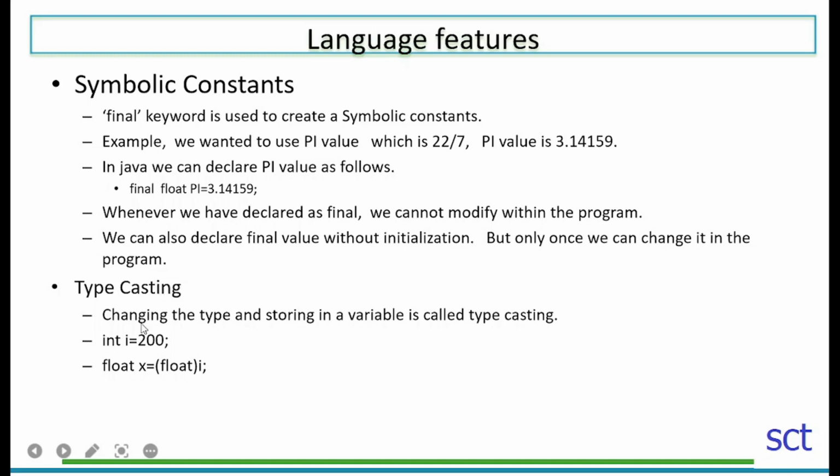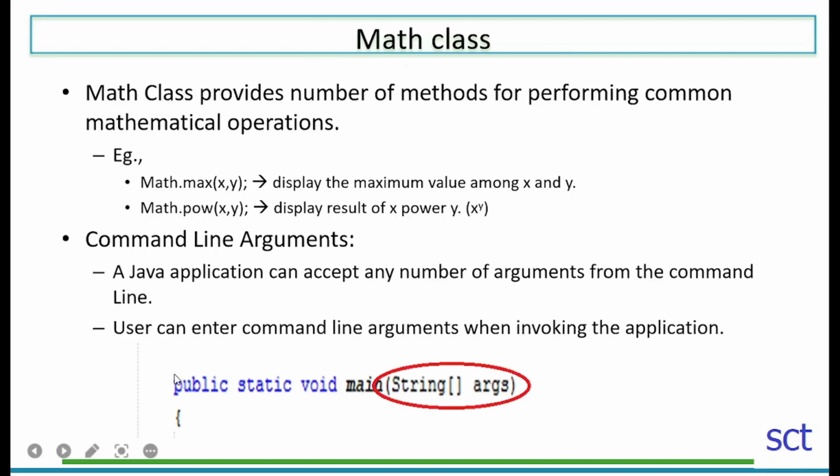Now typecasting. I have an integer variable i, and the value stored is 200. As I said, I cannot store an integer value in a float variable directly, but you can typecast it by just saying float. This is very similar to C or C++. You can also use the Math class.